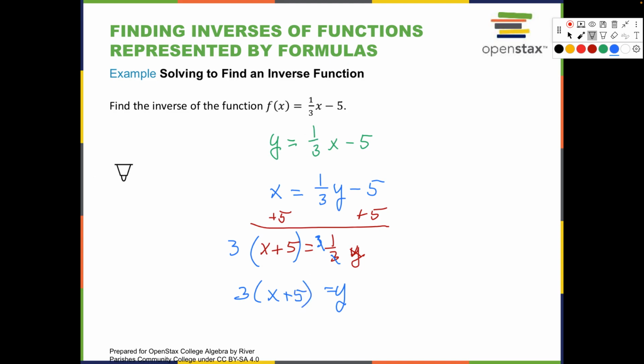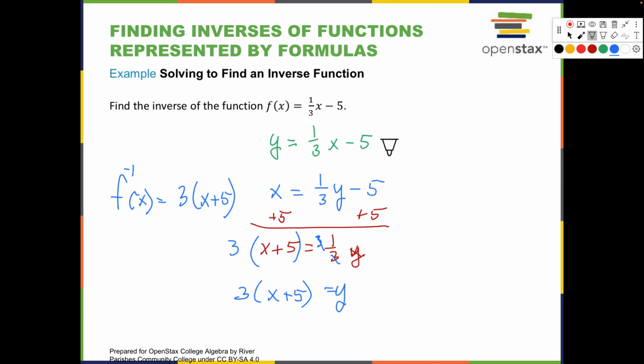And the way we write an inverse function, we use the notation f inverse of x equals 3 times x plus 5. Now, yes, you could take that 3 and distribute it and have 3x plus 15, but if you don't do that, you can see the inverse relationship a lot easier. If you distribute it through, it's harder to see.